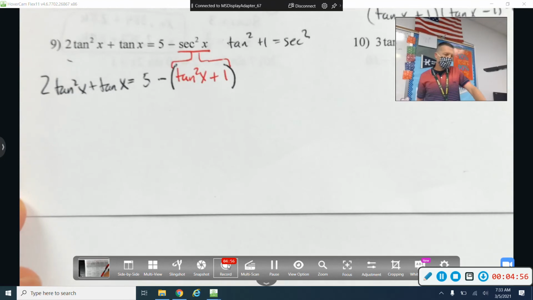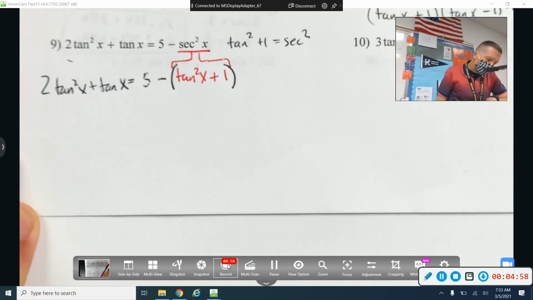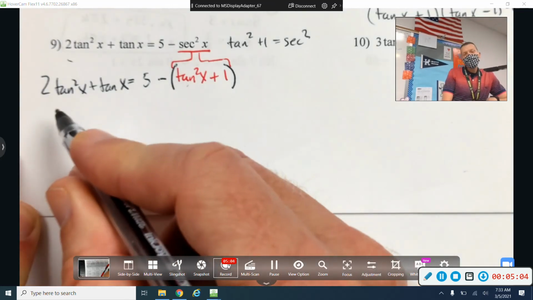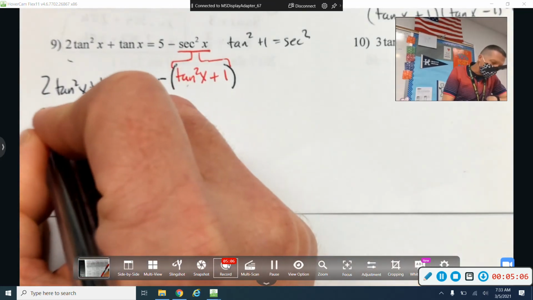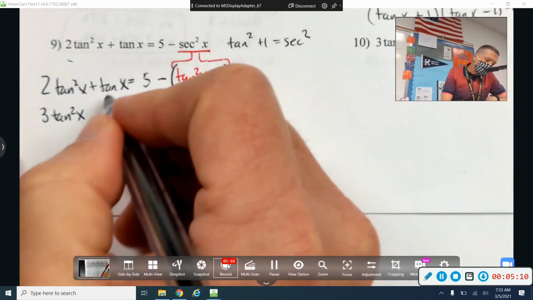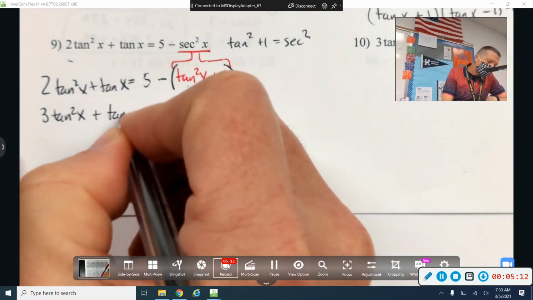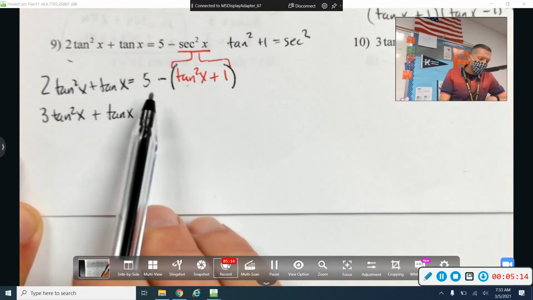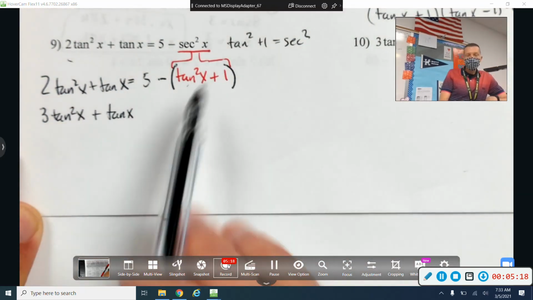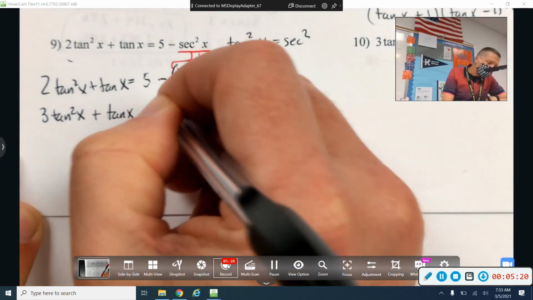Alright, so let's, how much do I want to do at once? This is a negative tangent squared. If I add it to the other side, it gets me to 3 tangent squared x plus tangent of x. And then this is 5 minus 1, so that's 4, but then I move it over and it becomes minus 4.